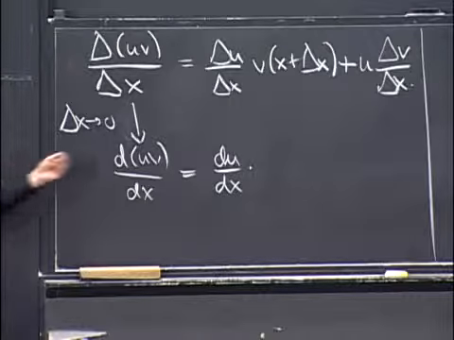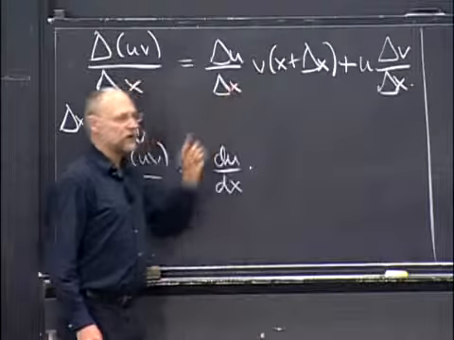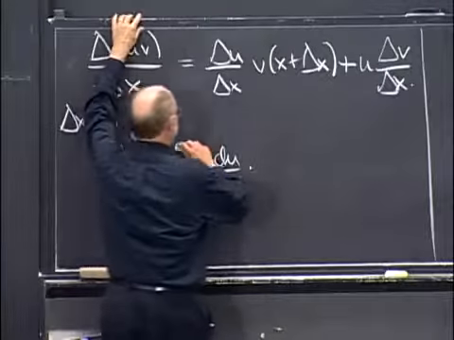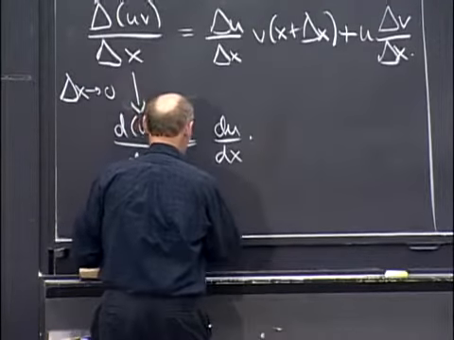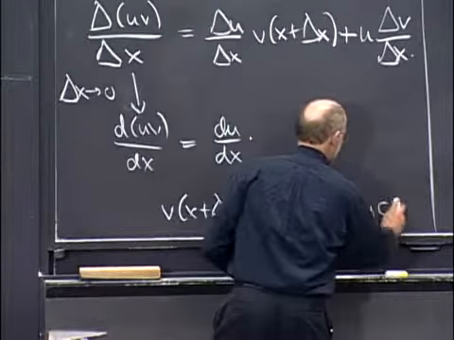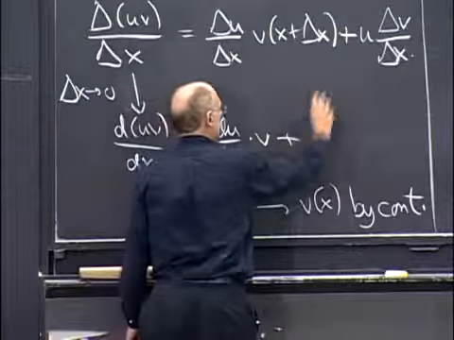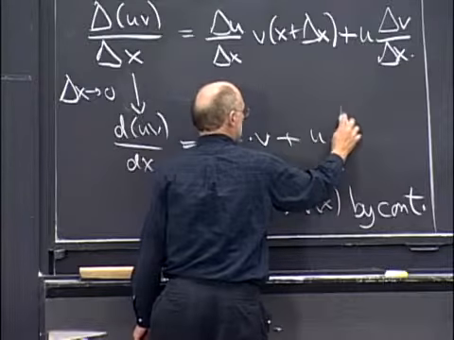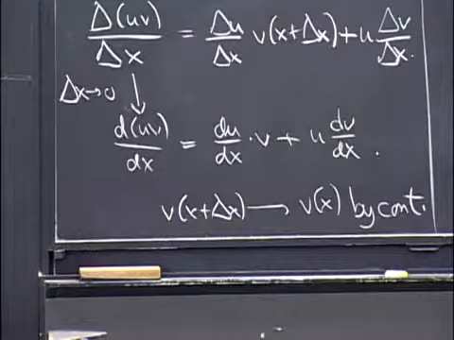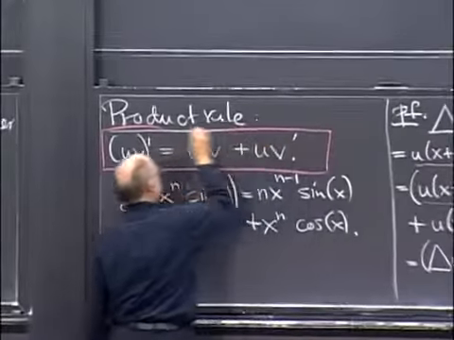So x plus delta x is getting closer and closer to x, so what happens to the value of v? It becomes equal to v of x. That uses continuity of v. So v of x plus delta x goes to v of x by continuity. So this gives me times v, and then I have u times, and delta v over delta x gives me dv/dx. And that's the formula. That's the formula as I wrote it down at the beginning over here. The derivative of a product is given by this sum.